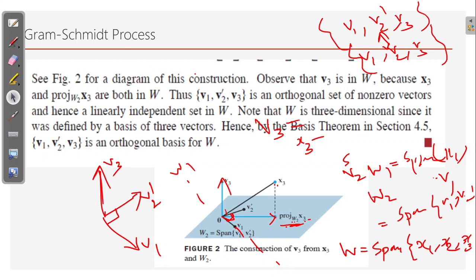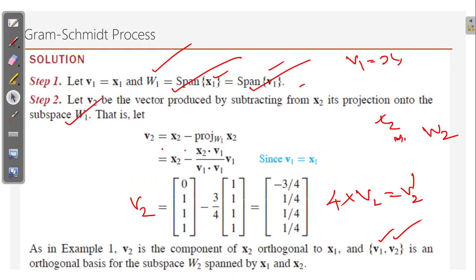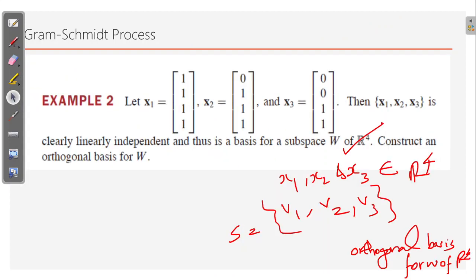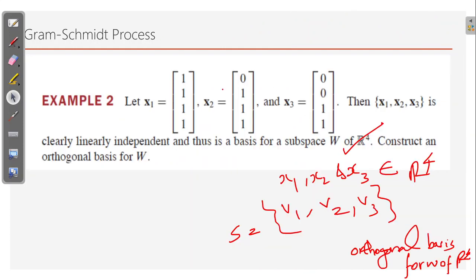So now we have calculated the orthogonal basis for a subspace in R3 in example 1, and in example 2 we have calculated the orthogonal basis for a subspace W which is in R4, right?